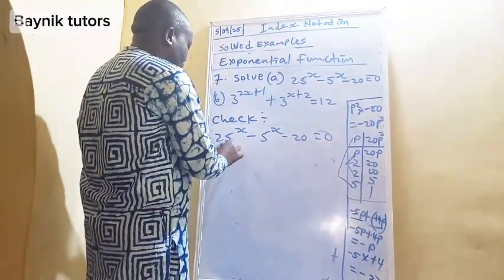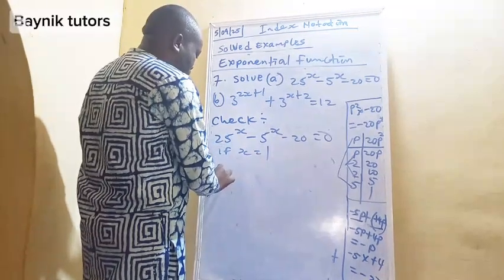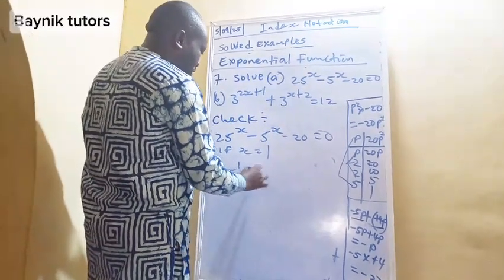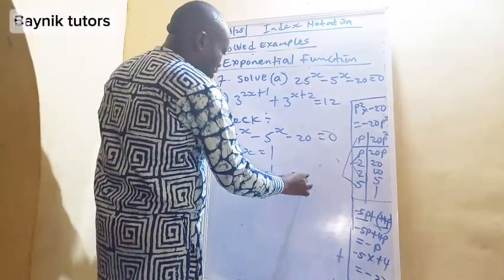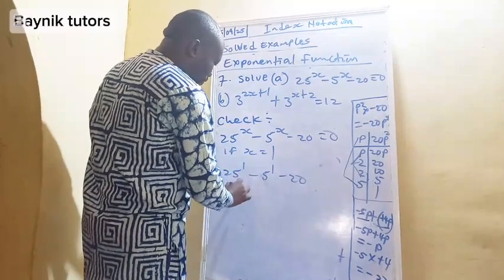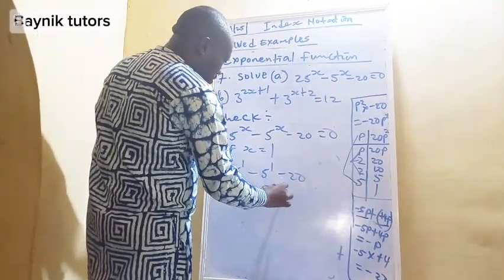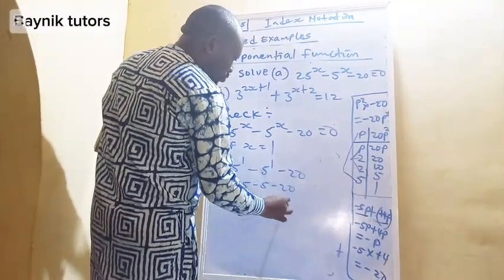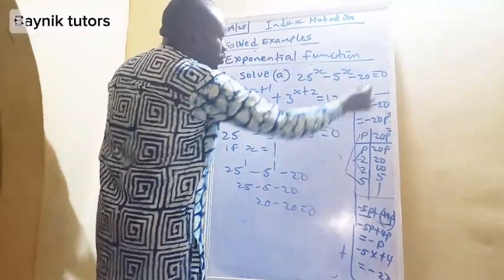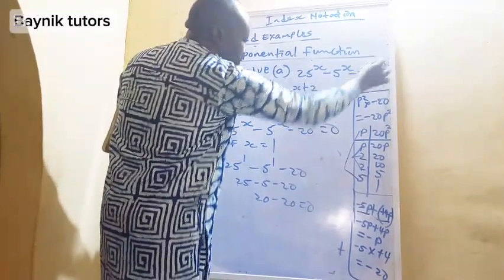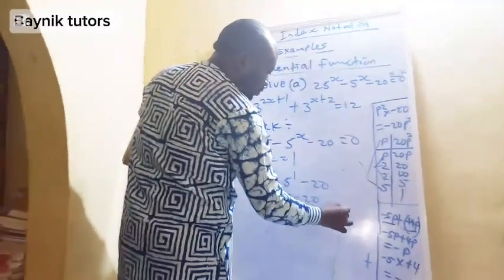So if s is equal to 1, here will be 25 raised by 1 minus 5 raised by 1 minus 20. This is 25 minus 5 minus 20, and that will give us 20 minus 20, which is equal to 0, which is the same thing as what we have here. Both of them are the same.